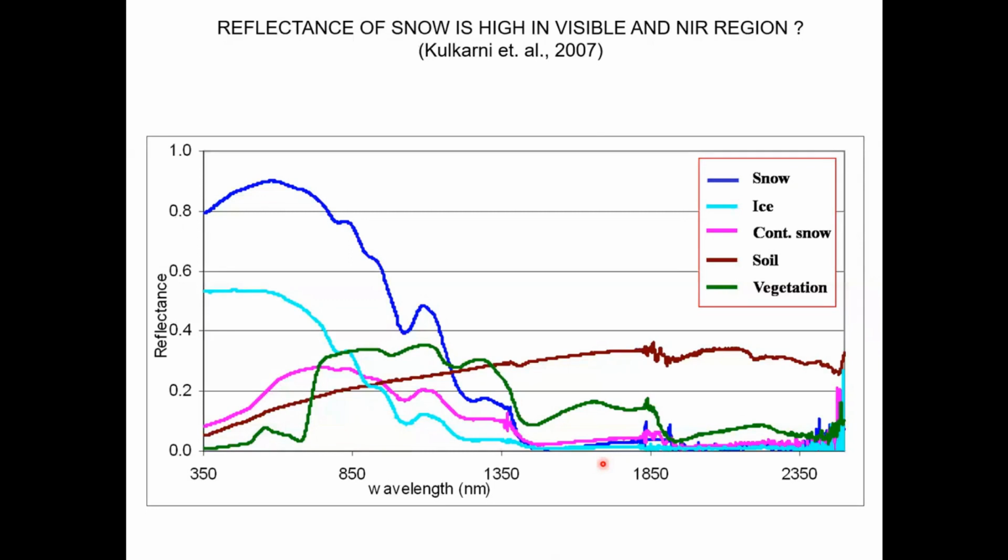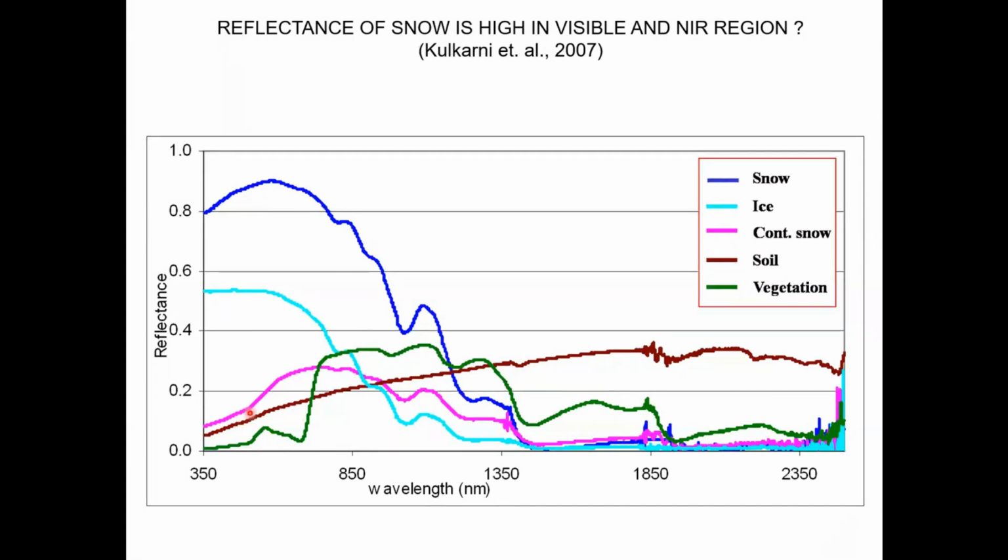So if you look into the ice, then ice also has very high reflectance in a visible spectrum, and it has low reflectance in a near infrared spectrum or a shortwave infrared spectrum. And same story in contaminated snow.